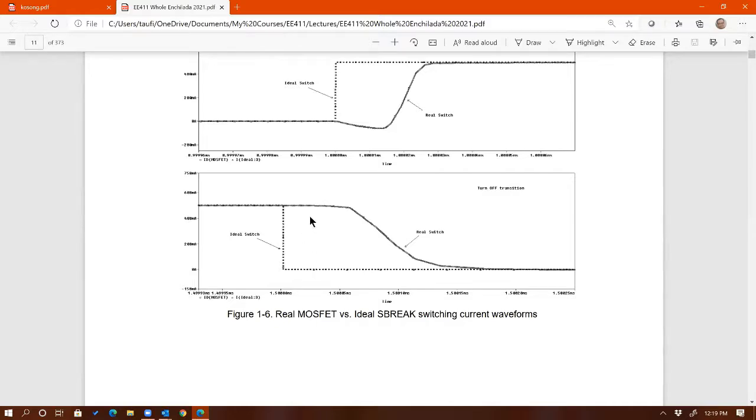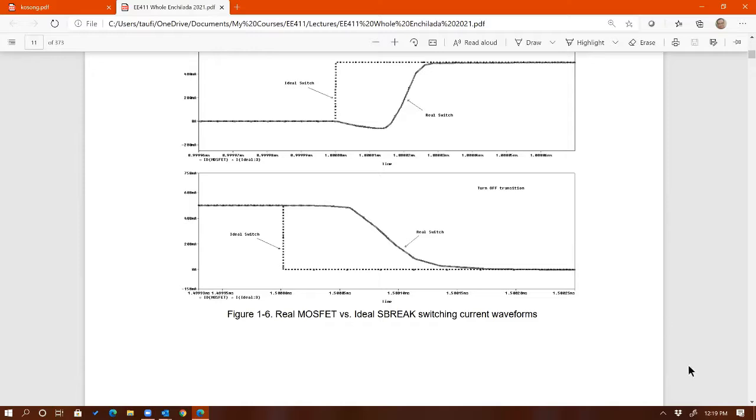Whereas with the real model of the IRF switch, you can see it takes time to turn off. Still fast, if you look at the time axis, microseconds or maybe nanoseconds, very low microseconds it looks like. Even though it's fast, if you zoom in, it is still going through this transition. It is not instantaneous.